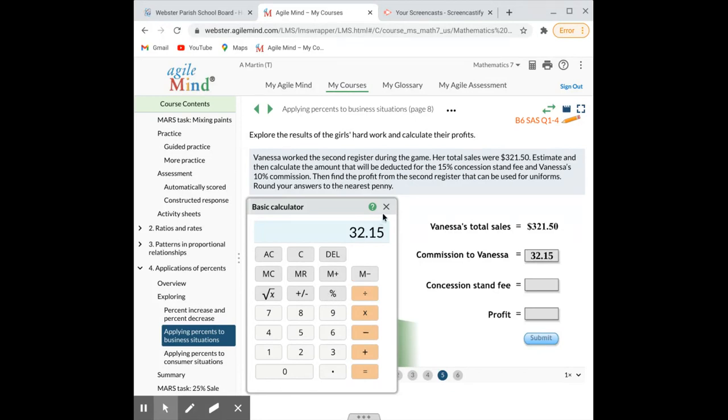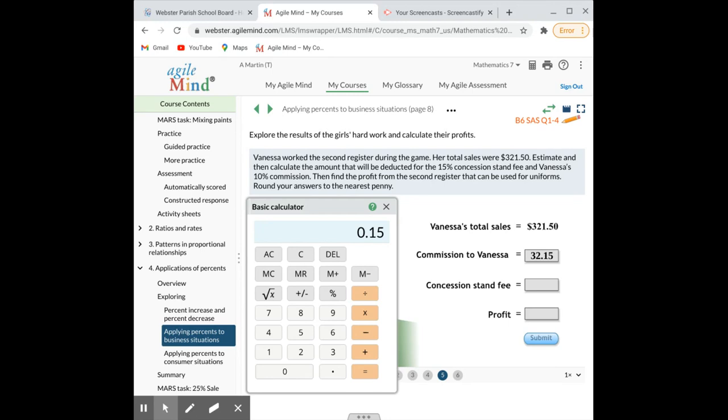All right, Kalia, I want you to work the concession stand fee. Okay, so you would divide 15% by 100. Then you would multiply it by 321.50, and then you would get $48.23.